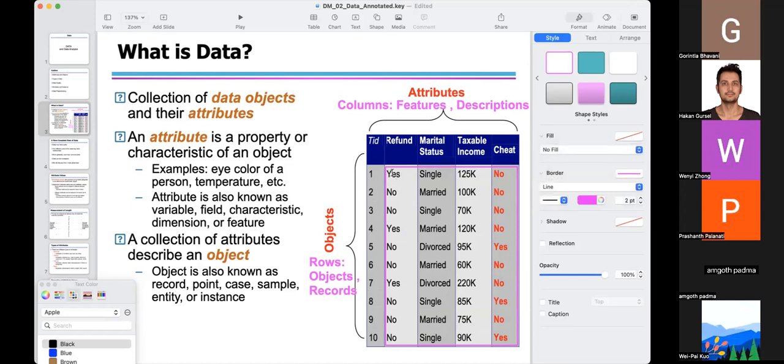So there are some values for the attributes.